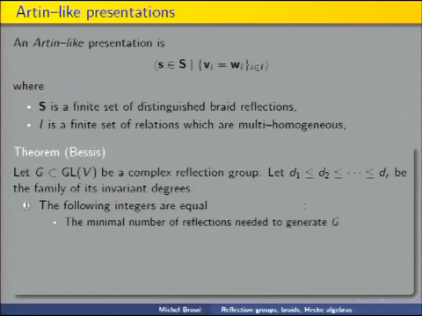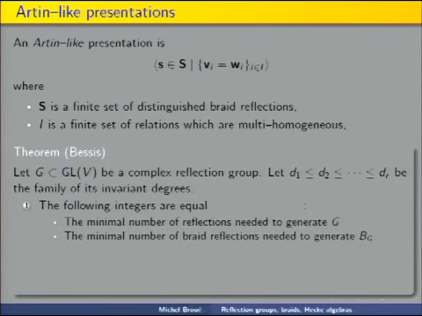It's well known that for an irreducible Coxeter group acting on a space with dimension R, the minimal number of reflections needed to generate G is R. Well, there is nothing obvious in this statement. Then, the minimal number of braid reflections needed to generate BG. Those two numbers are equal.